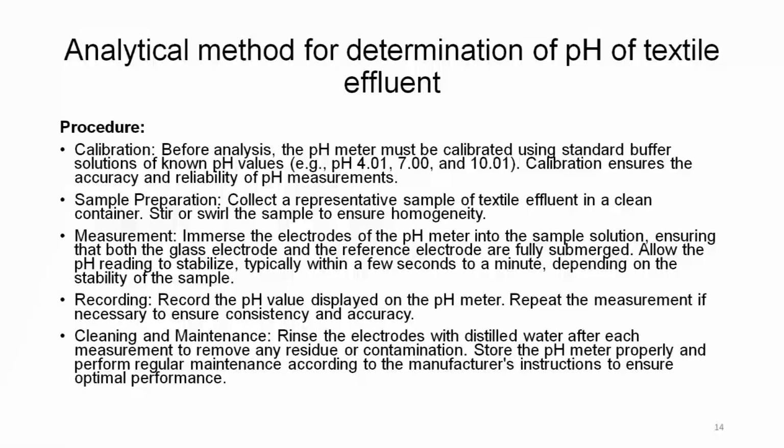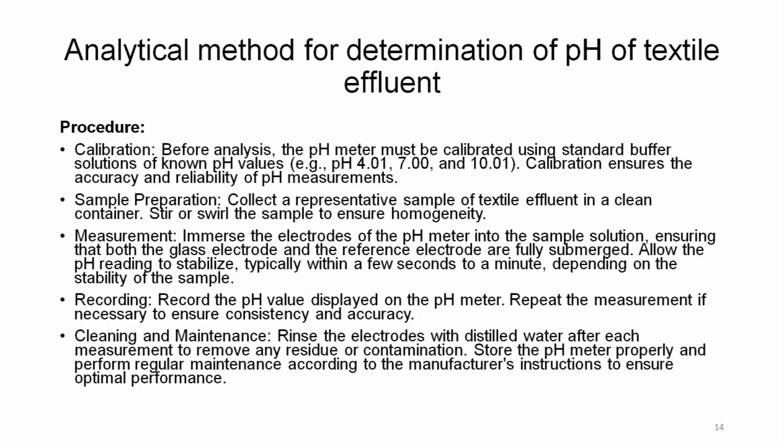Recording: record the pH value displayed on the pH meter. Repeat the measurements if necessary to ensure consistency and accuracy, and ideally it should be repeated 3 times, and the mean value should be calculated. Cleaning and maintenance: rinse the electrodes with distilled water after each measurement to remove any residue or contamination.